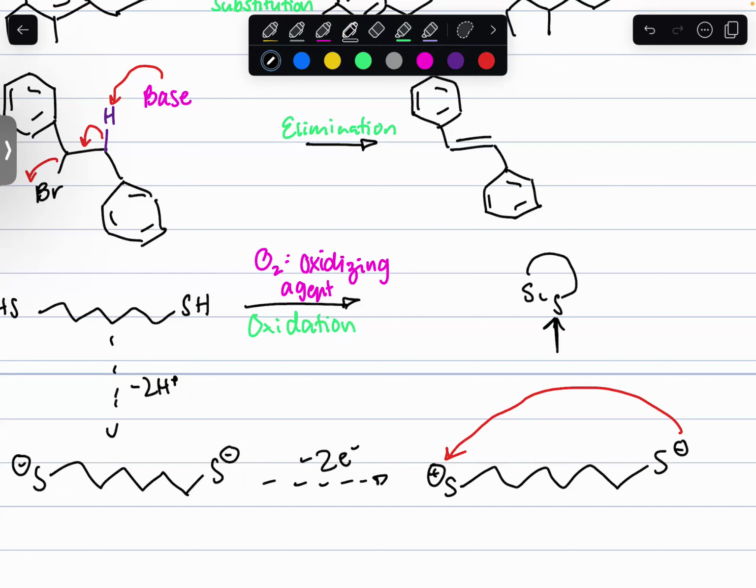No, don't do this. It's because I don't trust myself to draw a 1, 2, 3, 4, 5, 6, 7 octagon. I guess I could try. Something like that.